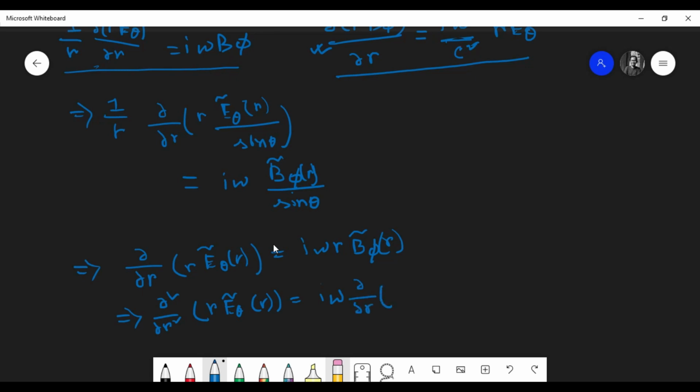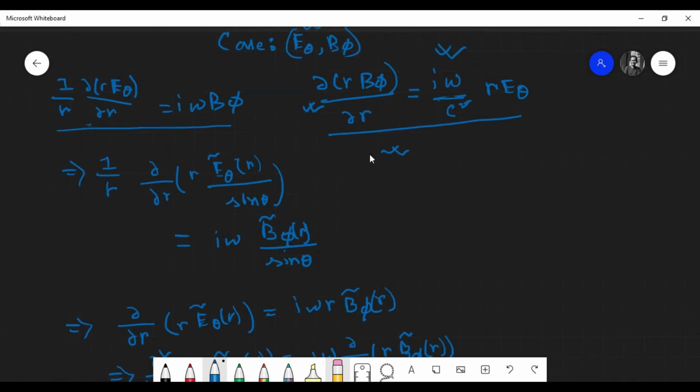Now on the right side I have this radial derivative term, which I will calculate using this equation that we have here. So let's divide this into parts.